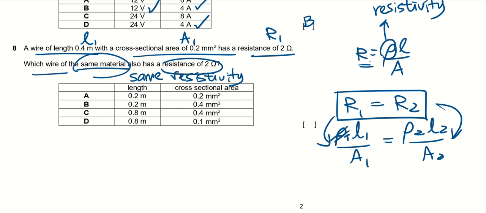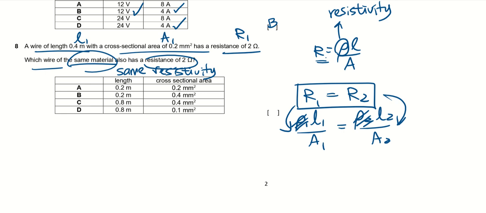Now resistivity is the same, so I can cancel it. Length 1 is 0.4, area is 0.2. So I need to get the same ratio of L2 over A2.